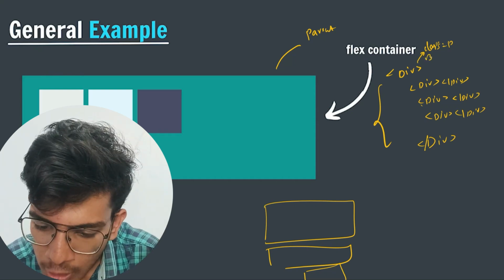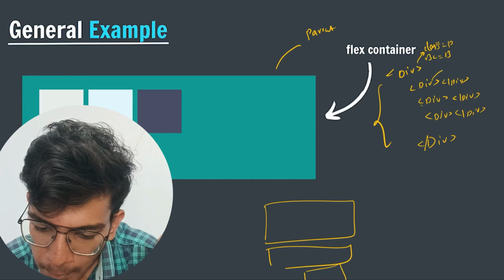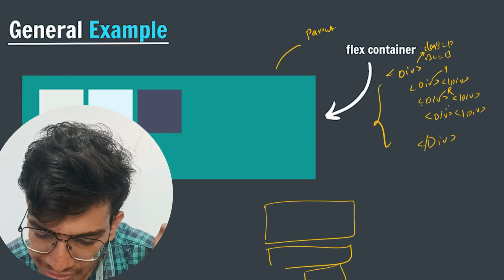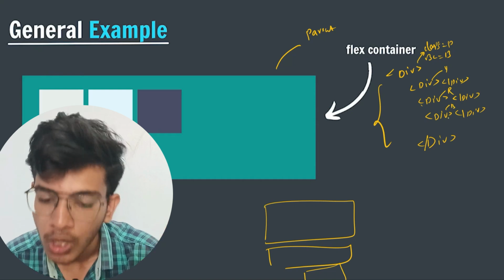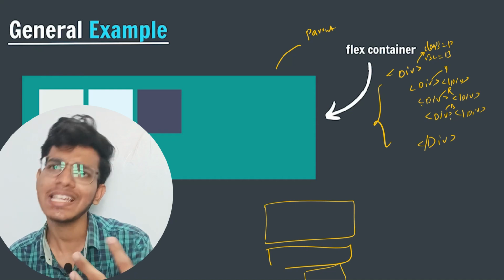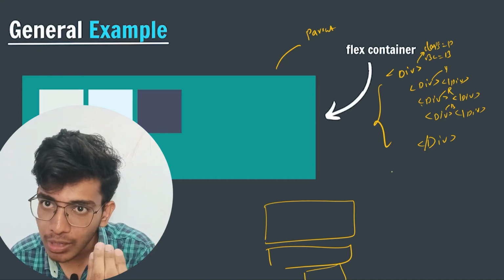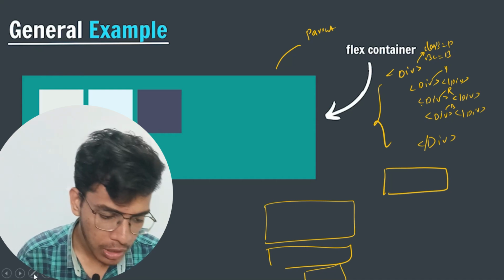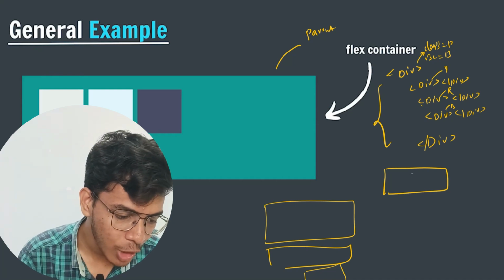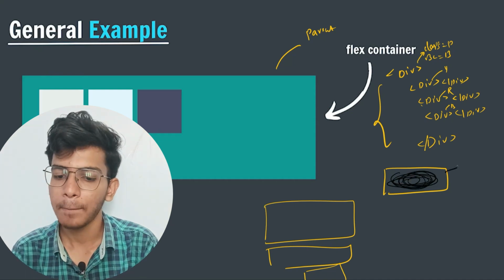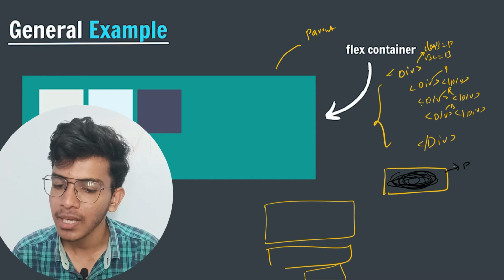Let's say I'm giving background color as black for the parent, and yellow, red, blue for the children. If you see the output of this structure, first of all, my parent div will be like this. What is the color of the parent div? Black, right? So I will paint the background color as black. This is my parent div.